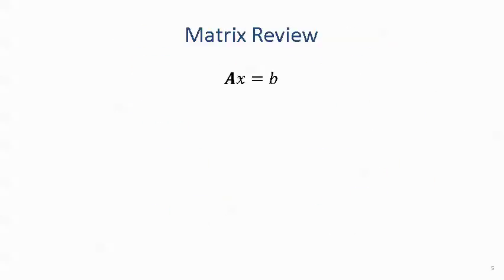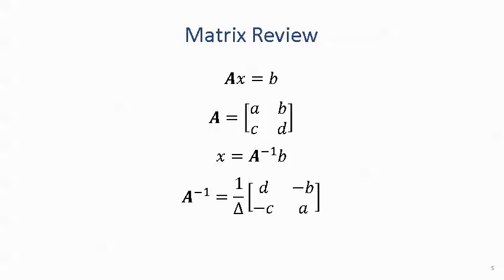Well, let's go back and quickly review what we saw in the previous lecture regarding matrices. Matrix A times the unknowns gives us vector B, the result vector. There's A with its 4 points, A, B, C, and D. The solution is equal to the inverse of A times the result vector.